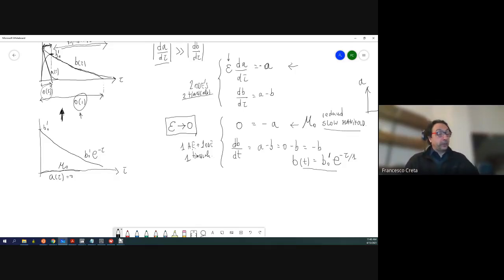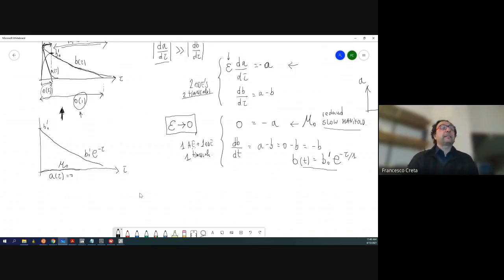Now, in theory, you could do also the opposite. Think about this. Suppose that instead of highlighting the asymptotic behavior, I want to highlight what happens in the boundary layer.